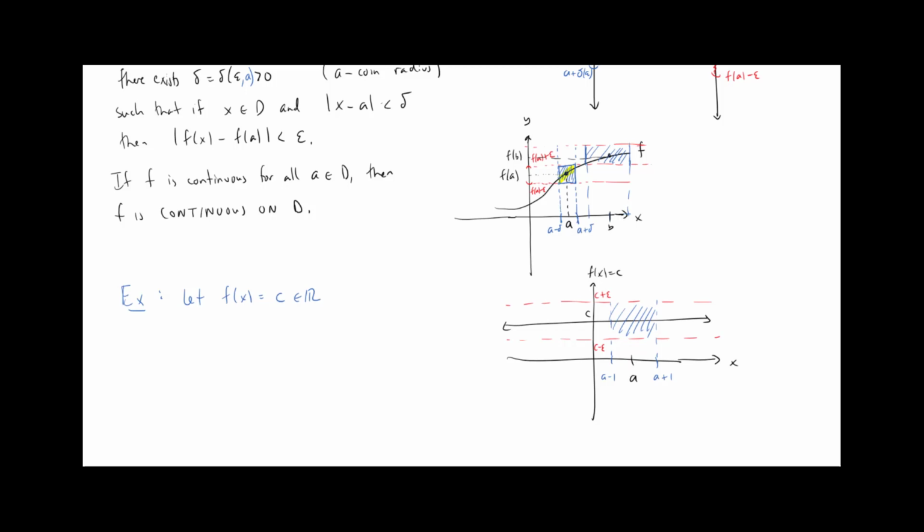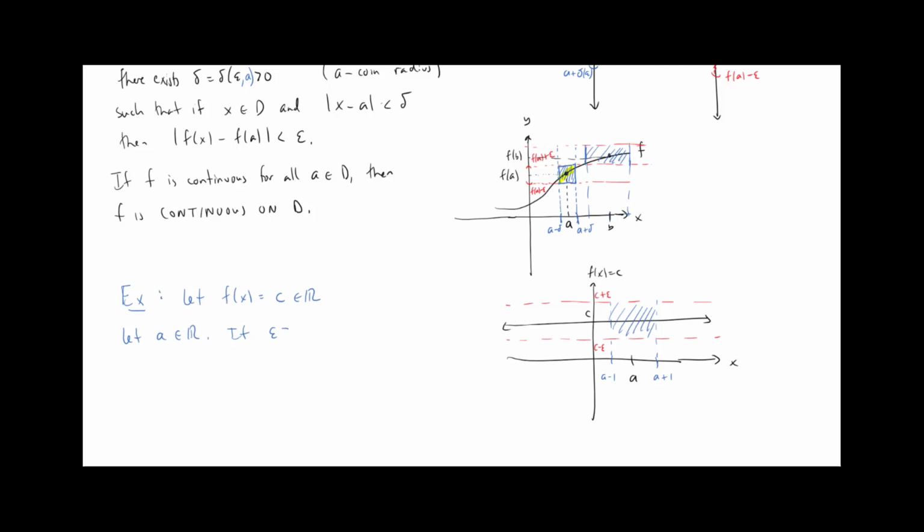And sure enough, the function does not leave the box. Why? Because this is a constant function. It's not going up or down, and the bounds go above and below c. All right? So pictorially, this is really obvious. If we want to write this thing down precisely, what do we say? So let a be some real number.